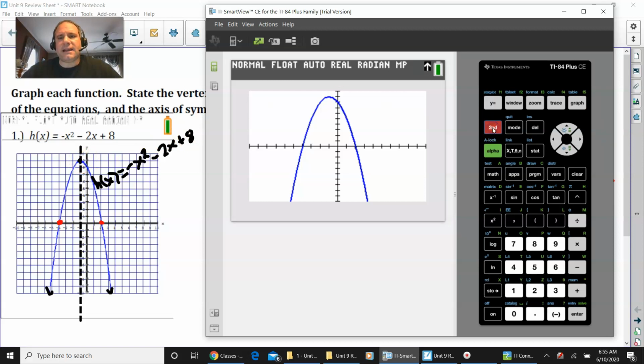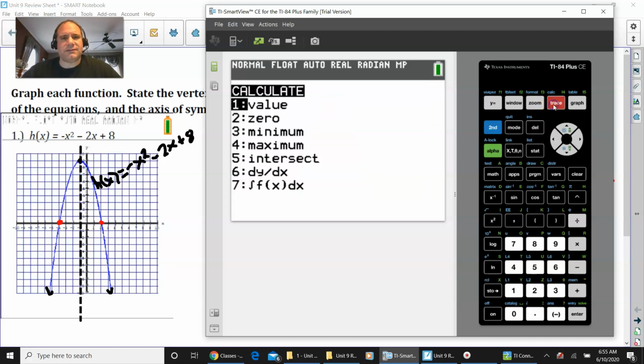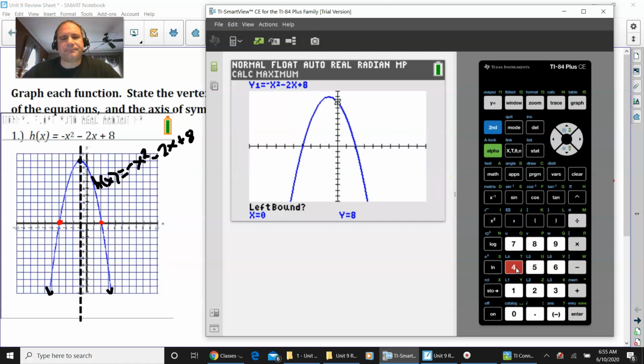To get the exact vertex, you press second function and trace, hopefully. And since it's a max, and hopefully you remember that, number 4 is your maximum. It'll say left bound, and you move that cursor over to the left.